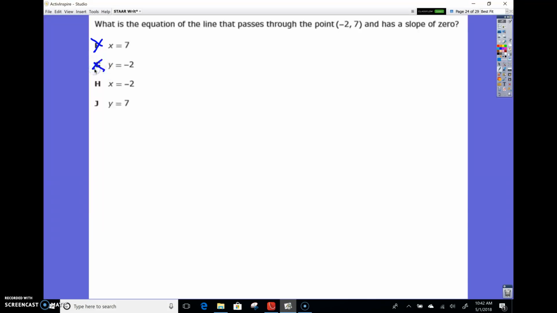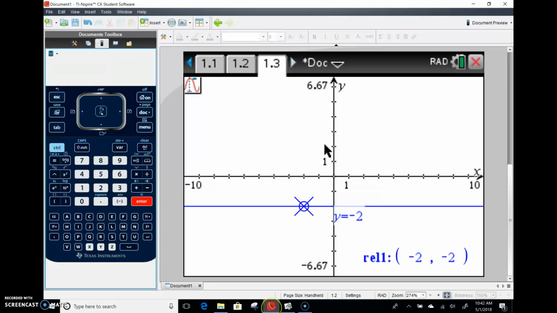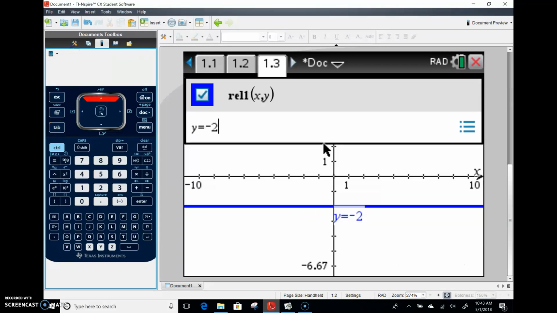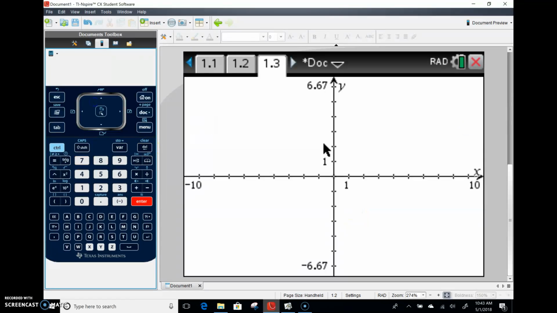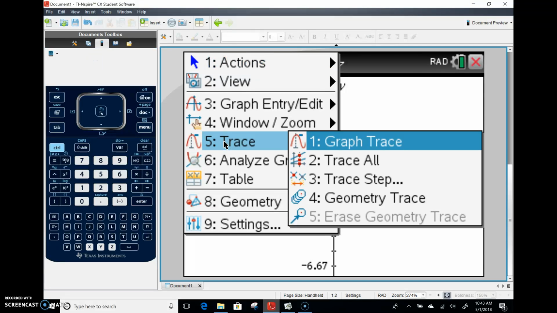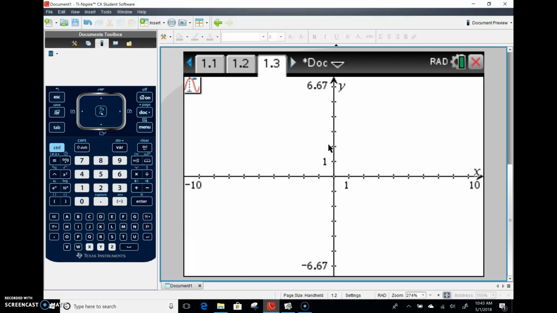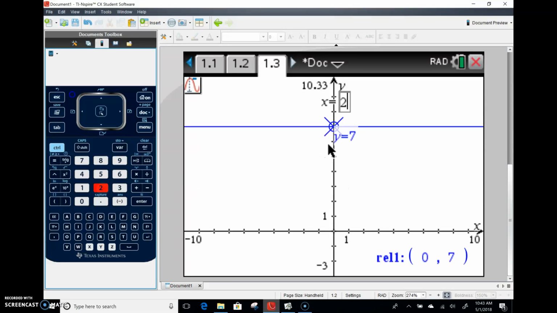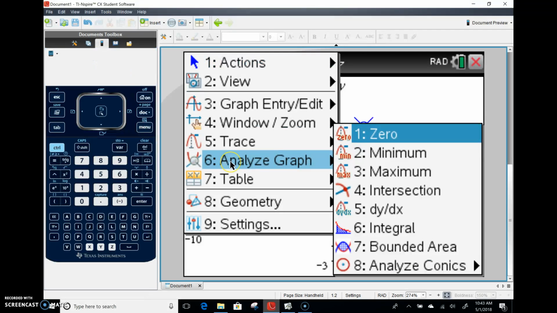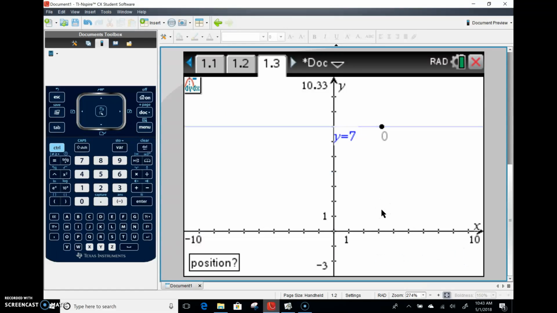Okay, I'm going to try the last one. y equals 7. Menu, trace, graph trace. I type in -2. I got -2, 7. So you see my slope is 0, but if you don't know, you can go analyze graph, dy dx, and your slope is 0.